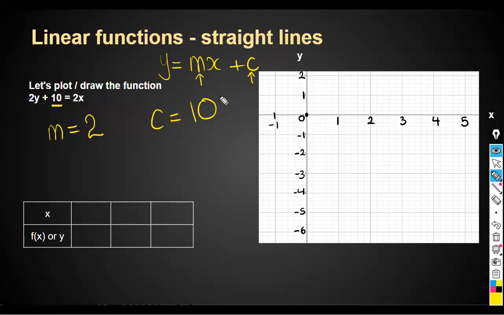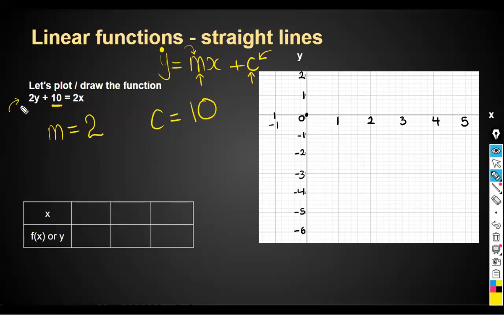But this is 100% wrong. If you look back at the notes properly that you took down, you are only able to extract the gradient and y-intercept if y is the subject. It only works if y alone is on one side and everybody else is on the other side.